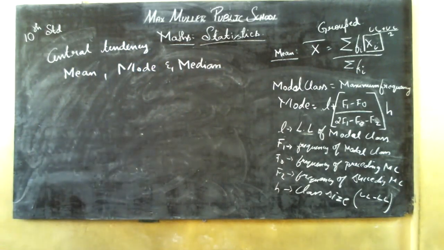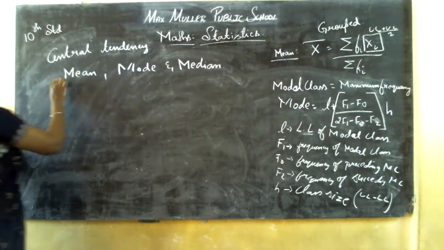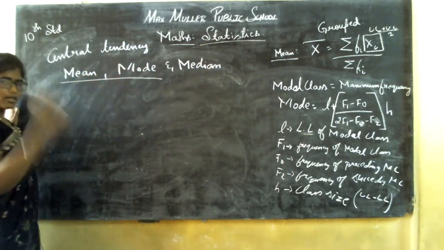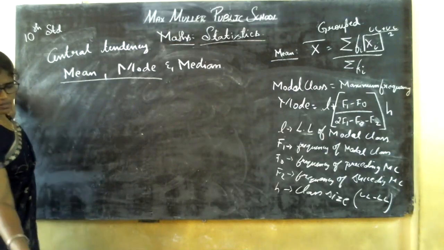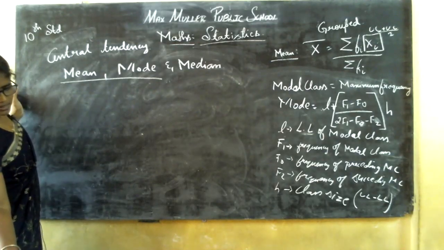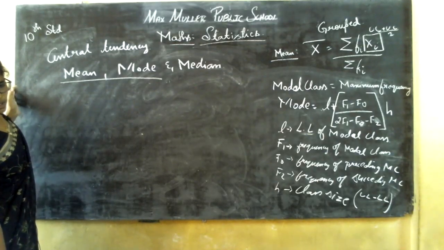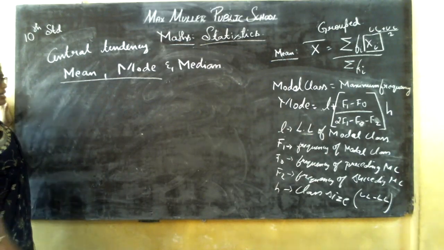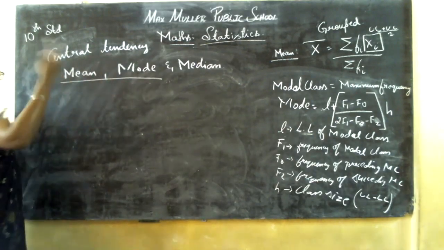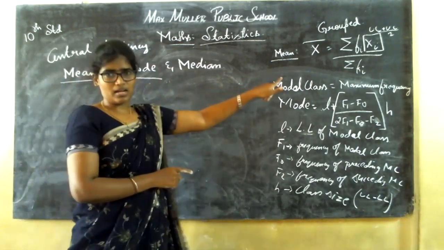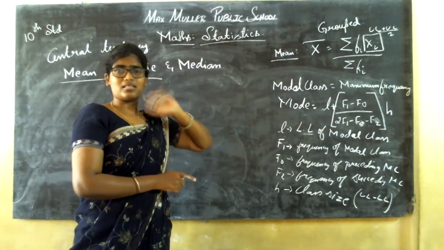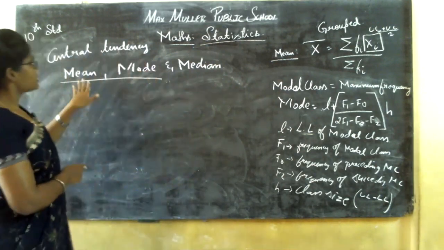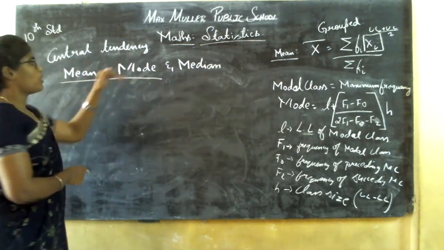In the first sum, they have asked you to find mean and mode for the given frequency. Compare and interpret the two measures of central tendency. In the first one you were only finding mean, correct? There you did not find any word like central tendency, because central tendency is the combination of three: mean, mode and median.